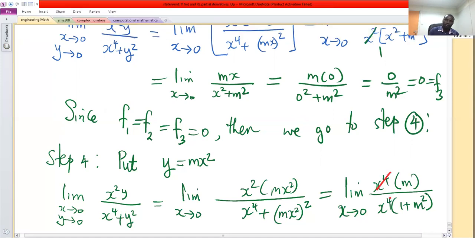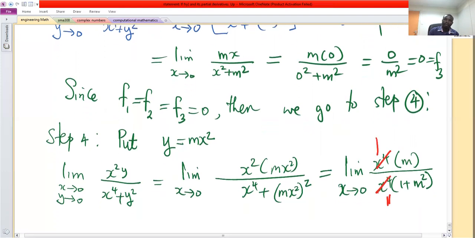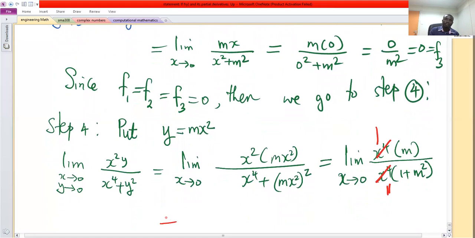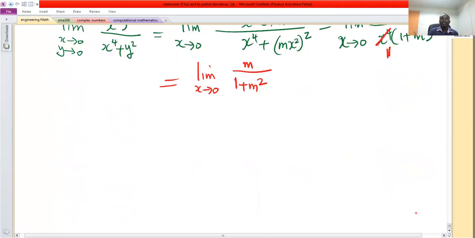So x to the power 4 cancels out, and I have the limit as x approaches 0 of m over 1 plus m squared. Because there is no x here, this limit is the same constant, m over 1 plus m squared. This is our f4.